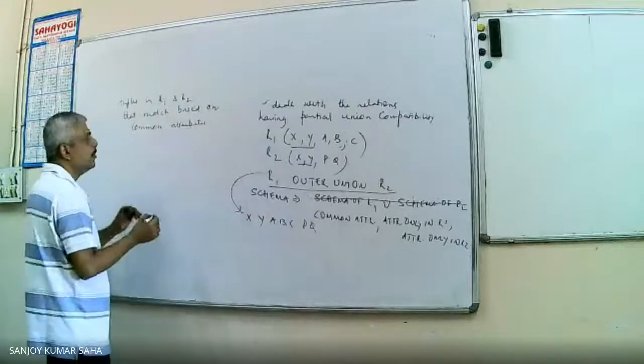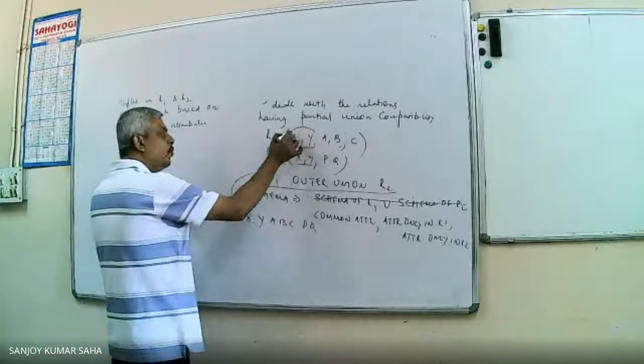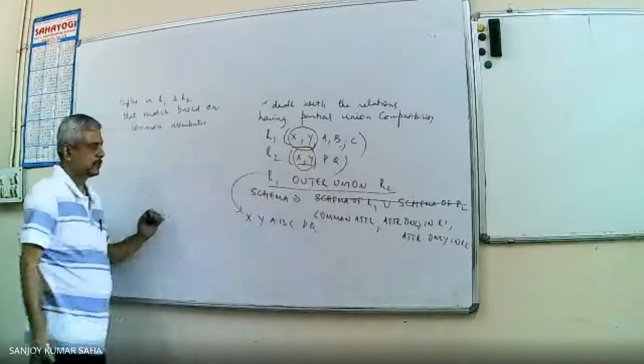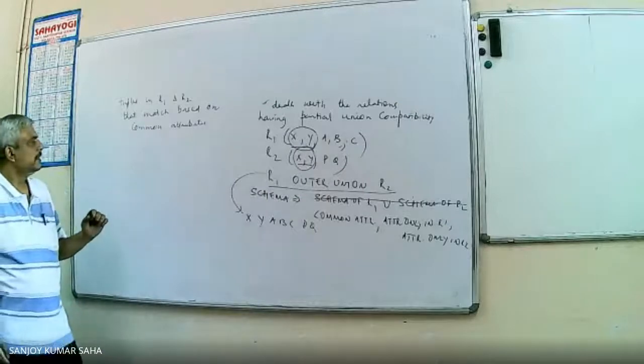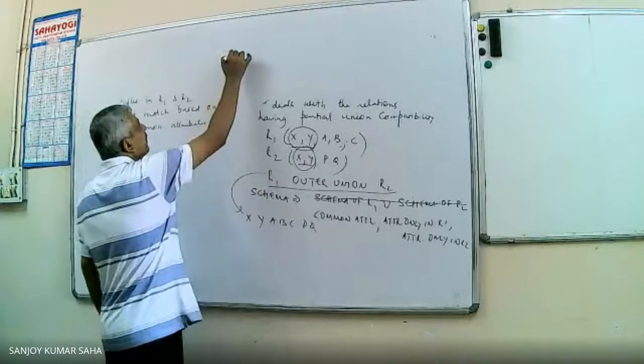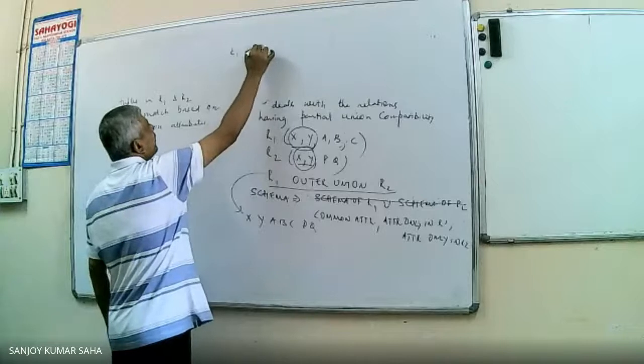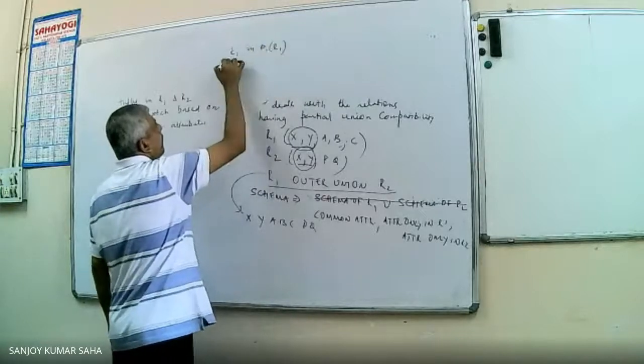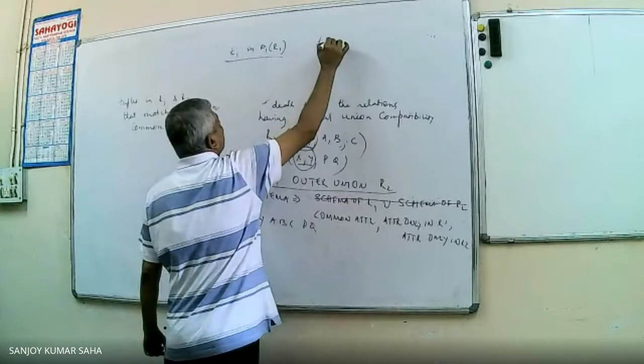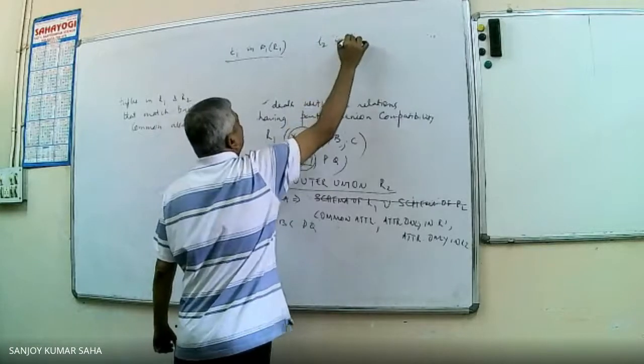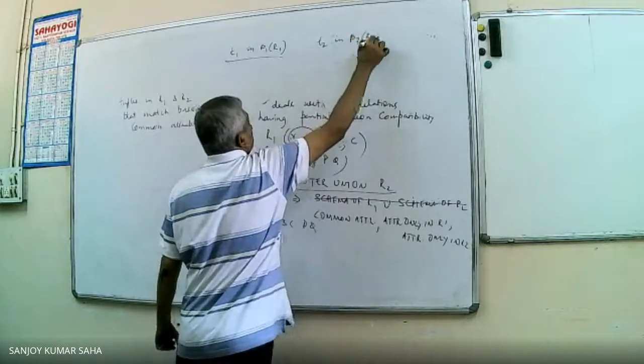Now see here, two tuples may match only with respect to the common attributes. Say a tuple T1 in the state of R1 and T2 in the state of R2.